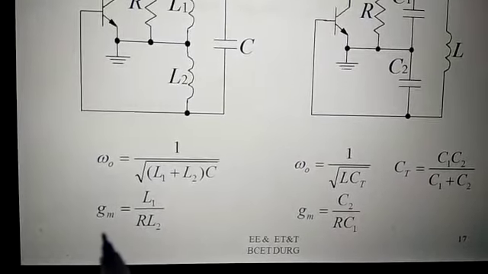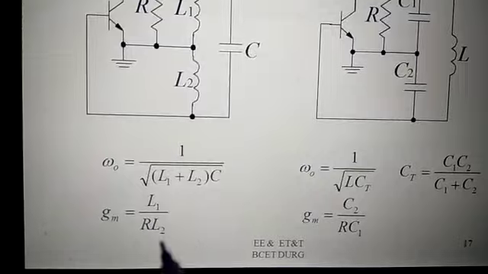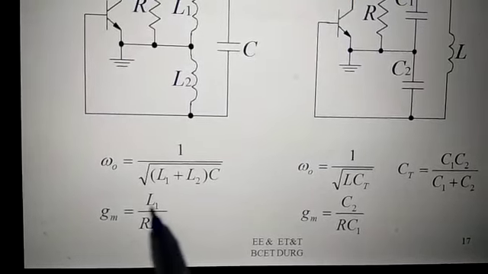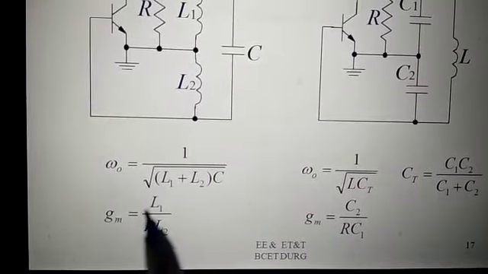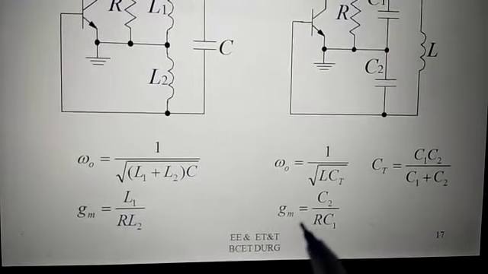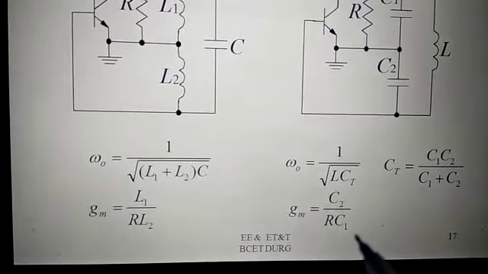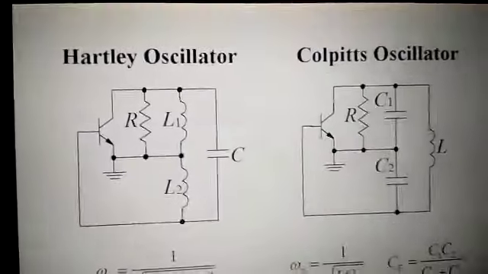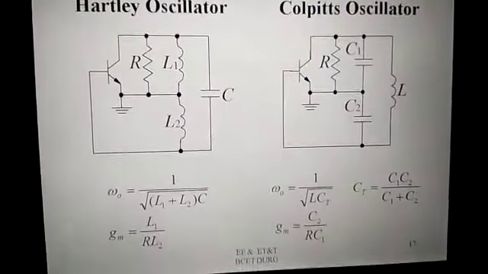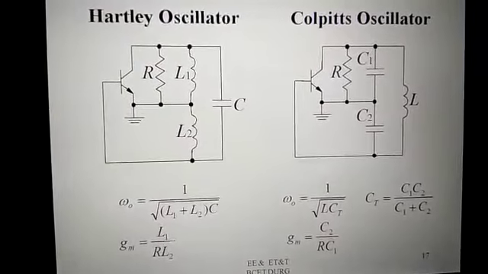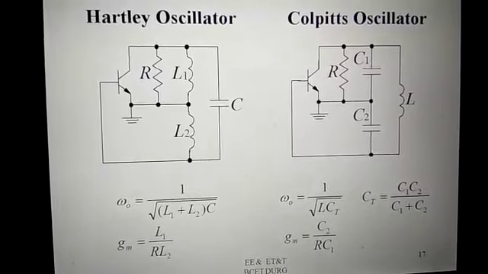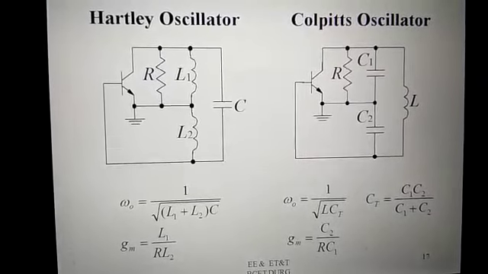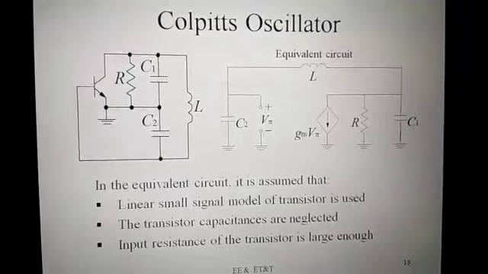The transconductance Gm is given by L1 by L2 into 1 by R. Similarly, here Gm is equal to C2 by C1 into 1 by R. So these are the two well-known oscillators. LC oscillators use the Hartley and Colpitts oscillators, meaning inductors and capacitors are used.